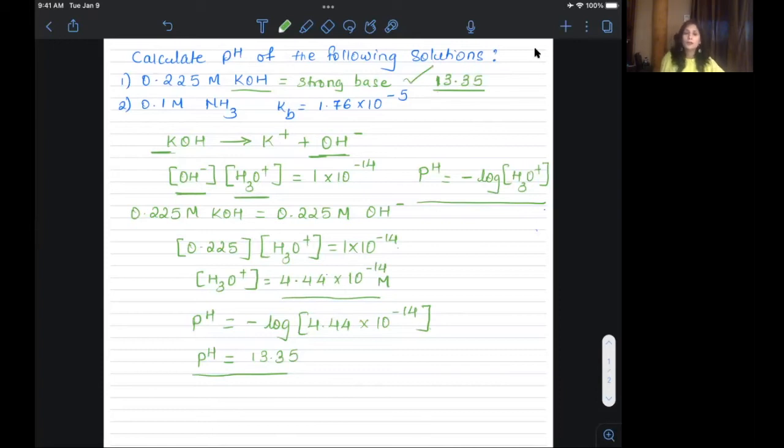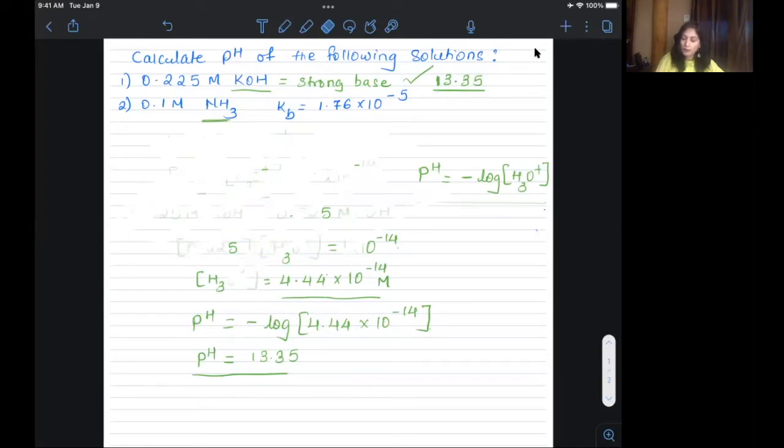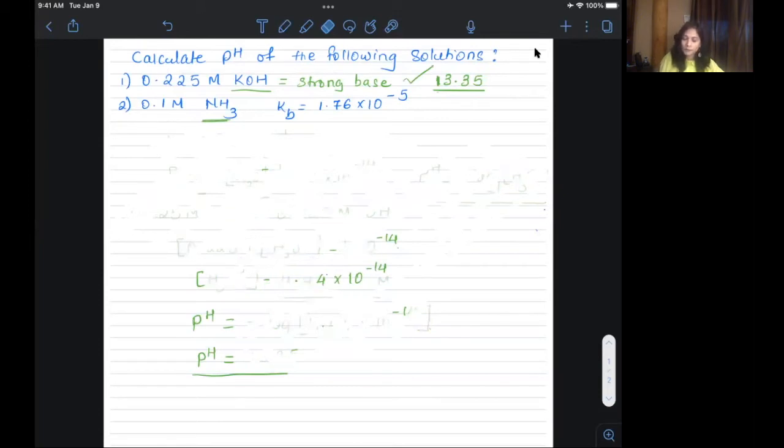Now let's look into how to calculate pH for a weak base. The second example given to us is a weak base, NH3, and the Kb value for the NH3 is also given to us. Now, whenever you're working with a weak base, always remember that the weak base is never going to dissociate completely.